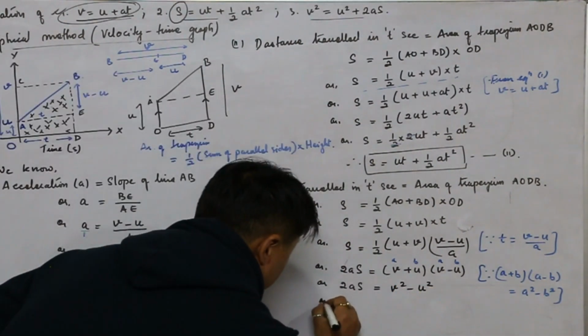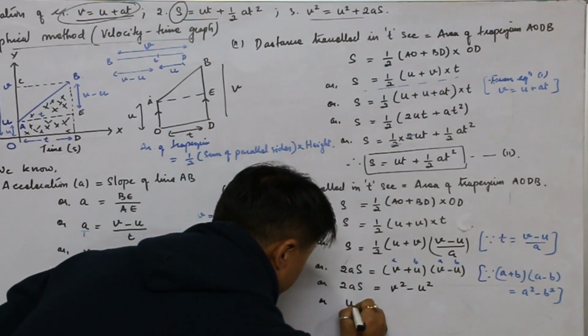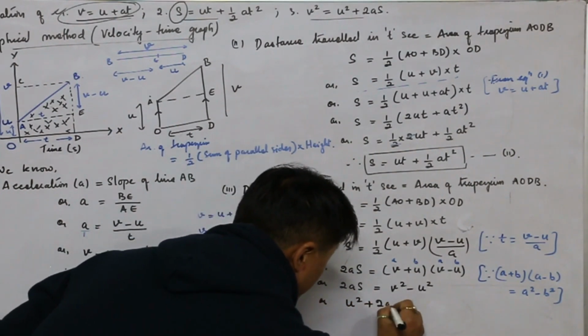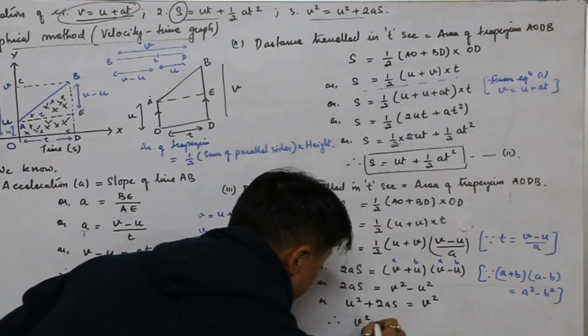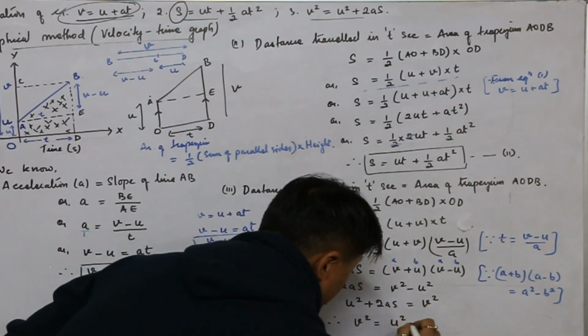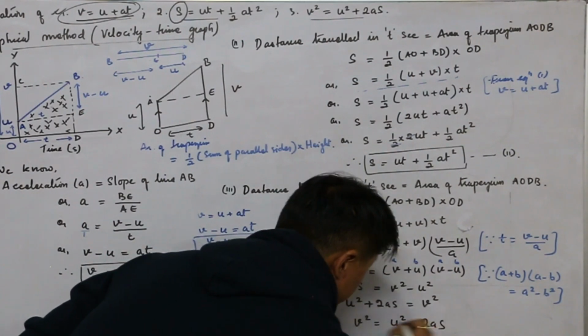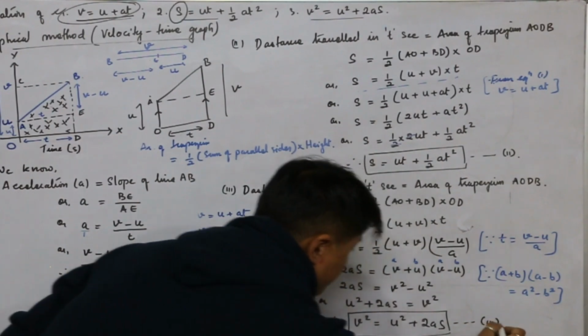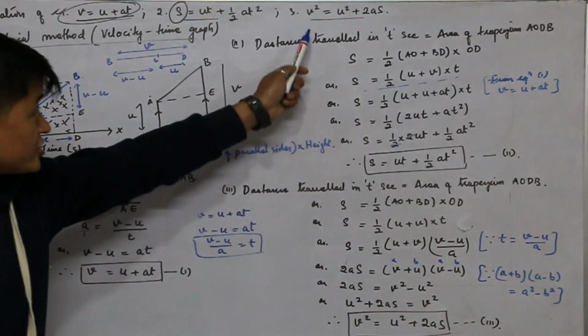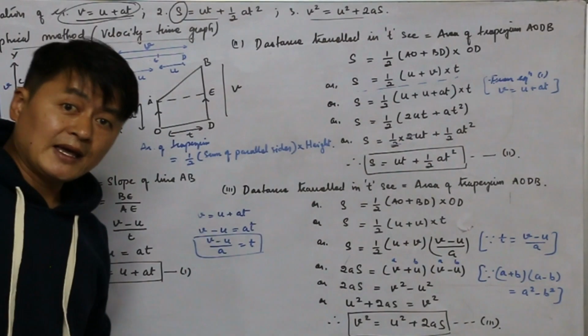Or if you bring u this side, this will become u square plus 2as is equal to v square. Therefore, we can write v square is equal to u square plus 2as. So we got the third equation also. Clear? v square is equal to u square plus 2as.